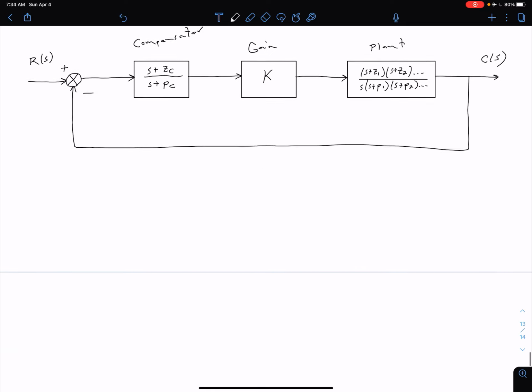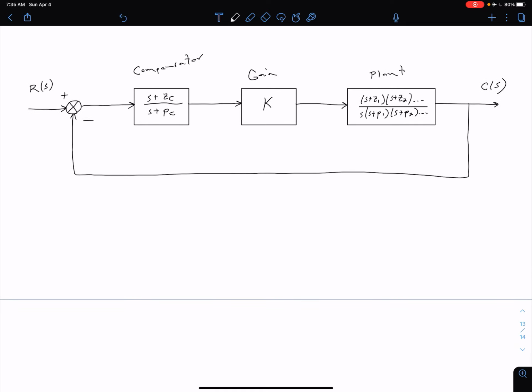We can make the same argument as we did with our PI controller about the angle and magnitude contributions of that compensator pole and zero.